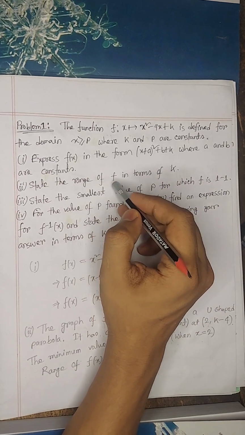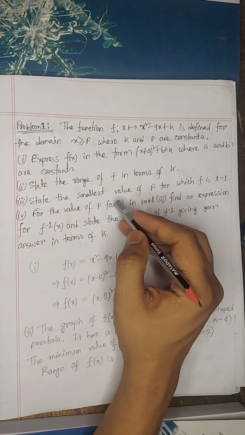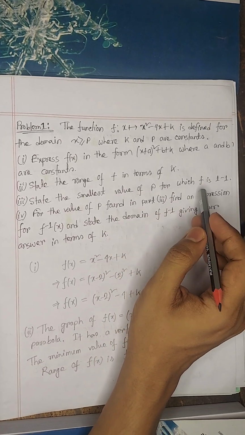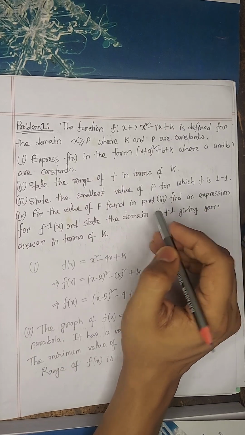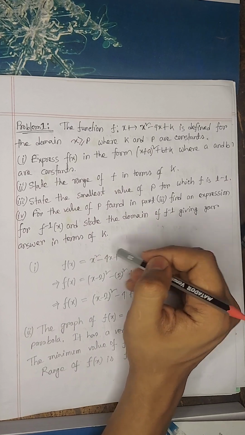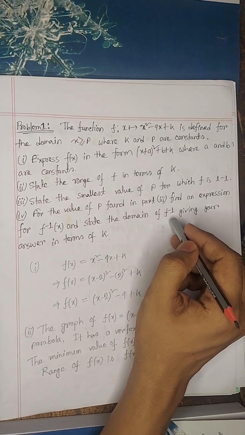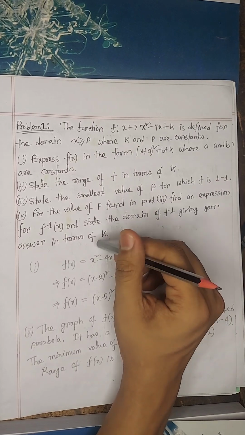We have to state the range of f in terms of k. We have to state the smallest value of p for which f is one-one. For the value of p found in part 3, find an expression for f inverse of x and state the domain of f inverse, giving your answer in terms of k.